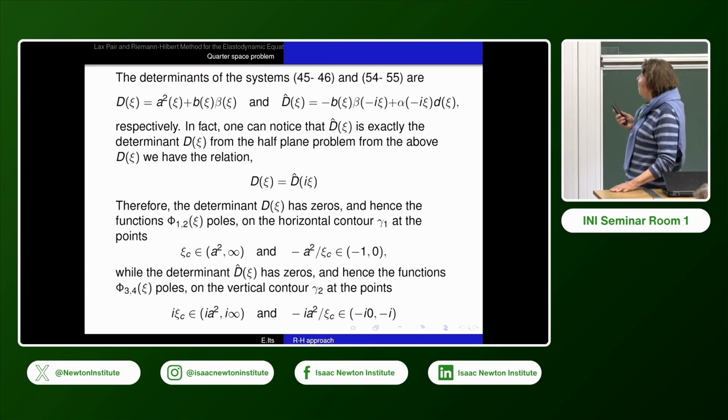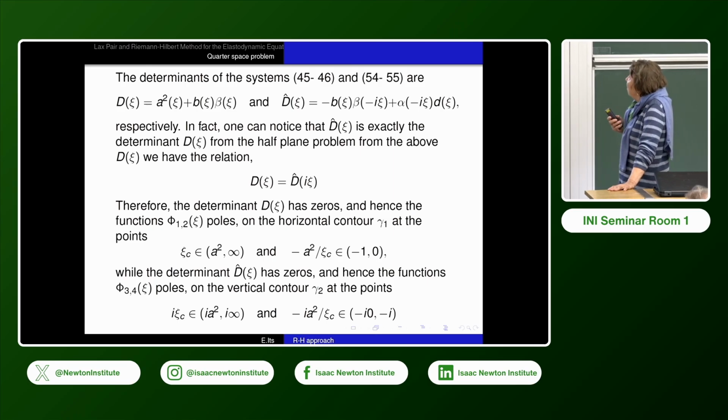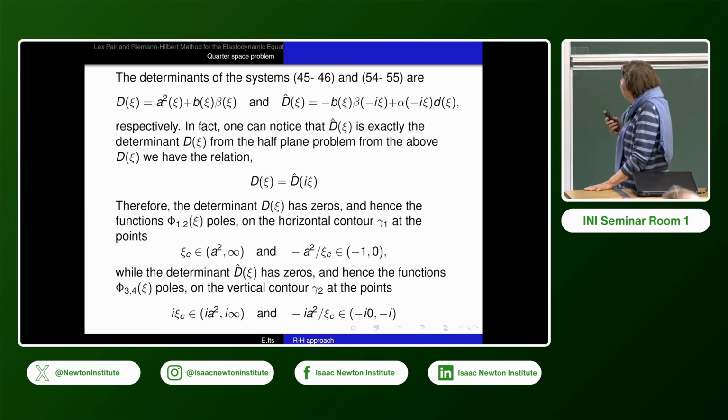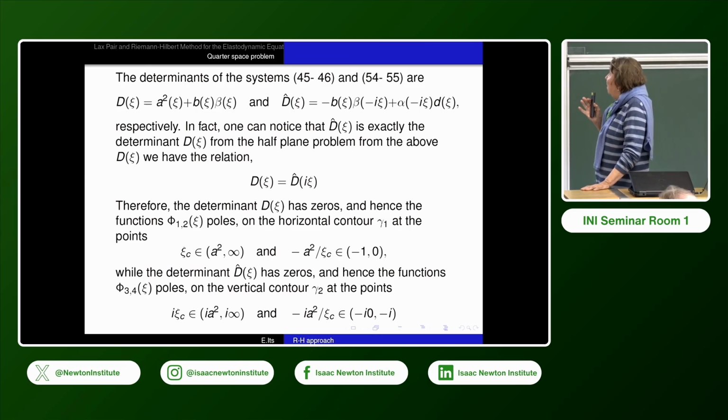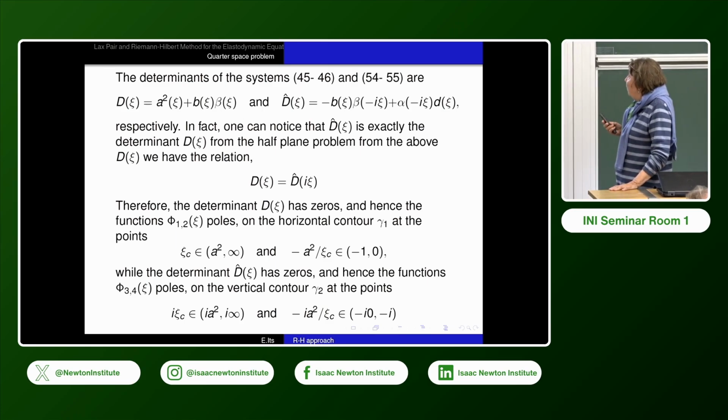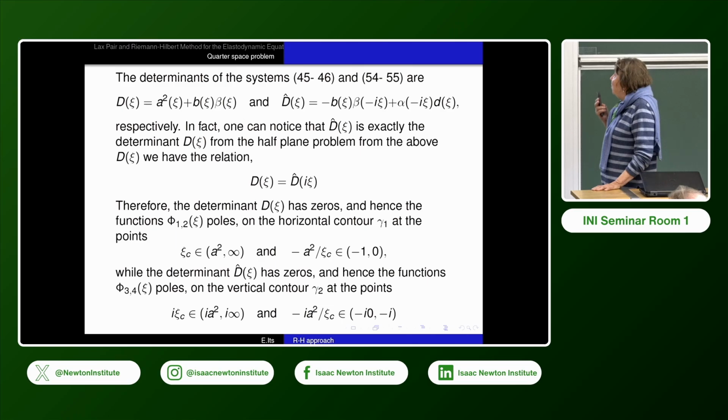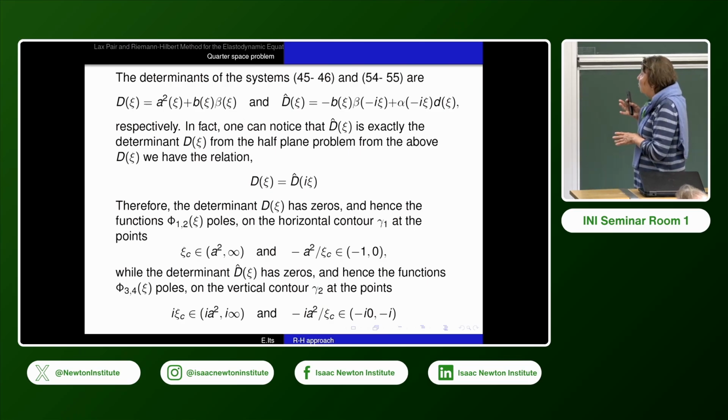That equation, the Rayleigh equation, is known to have actually 4 zeros, but in reality only 2, and it means that both determinants could have zeros, and respectively the functions phi1, phi2 could have poles on the 2 parts of the horizontal and vertical contours.